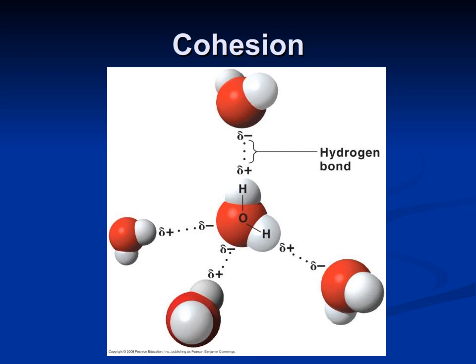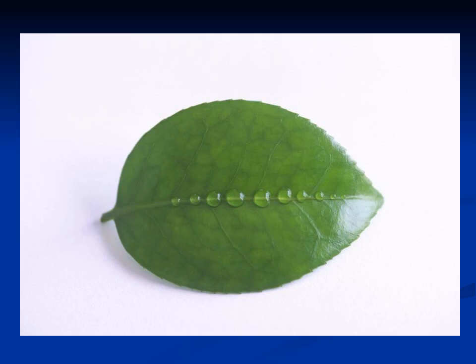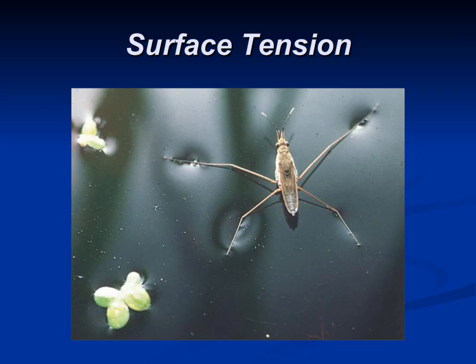But the cohesive property of water also helps to explain why water beads. All the water molecules are attracted to each other and want to be as close to each other as possible. So a sphere of water forms. And cohesion can also explain surface tension. The water molecules at the surface of this pond can form hydrogen bonds only with the water molecules next to them or underneath them.